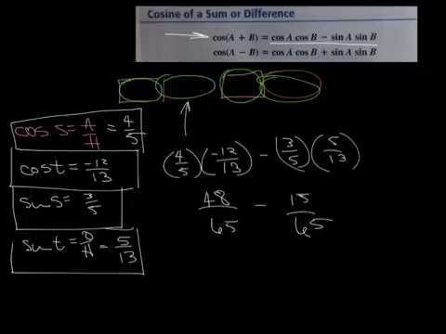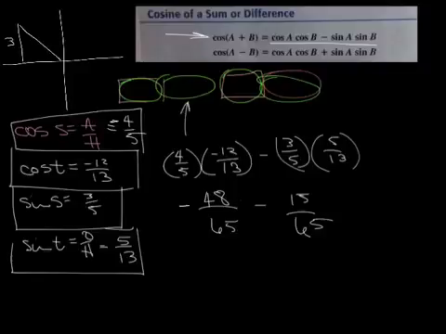And I did find a mistake here. This is supposed to be a negative 4/5. Let me draw it here again. Remember, we had this is 3, this is 5, and we found this one to be 4. That's a negative. The x is negative in the second and third quadrant. So, sorry for that. That should be a negative right there. You probably caught that, and I just didn't.